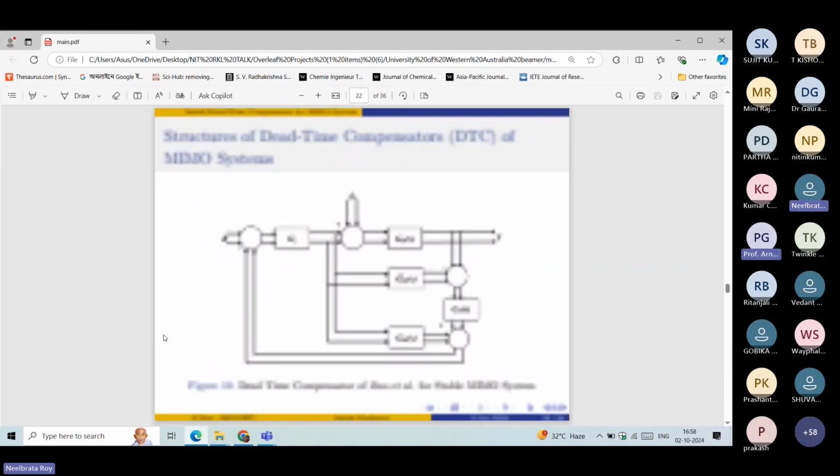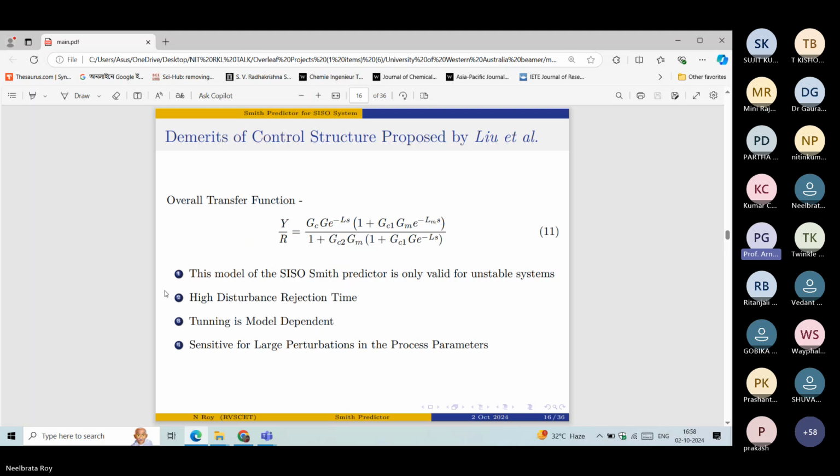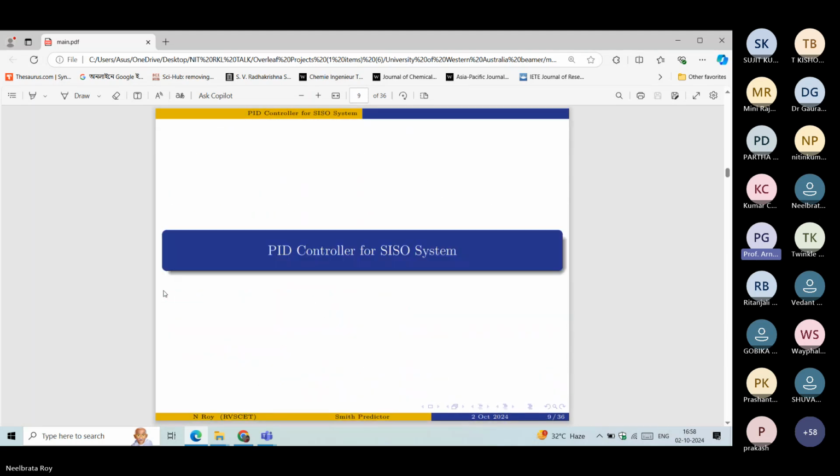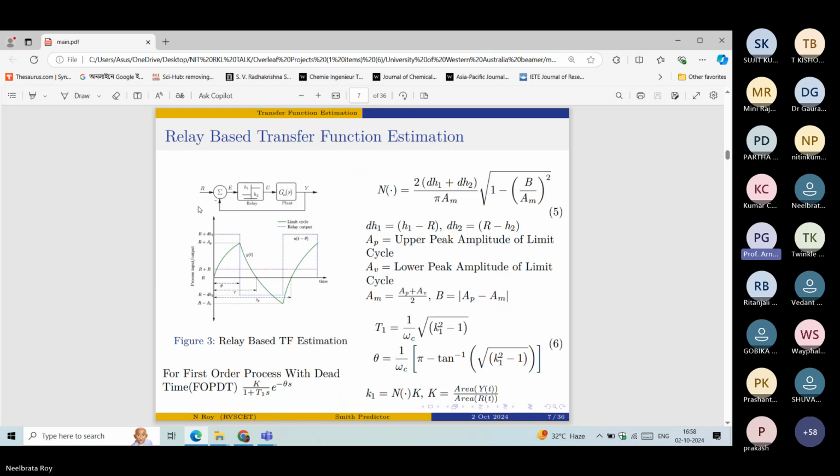If we apply all those controllers, we definitely have to convert the non-linear system to a linear, LTI system. Only then can we go for the controller design and finally implementation. Am I right? Yes, you are right.